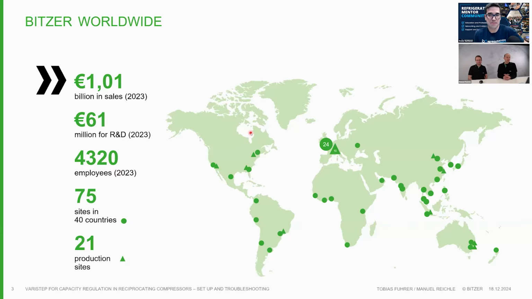And the Bitzer family grows. We have 4,300 employees around the globe, and invest also. That's also the message here. We invest quite some money in R&D, not only for Varistep or for capacity control, of course, but that is a major topic for us also.